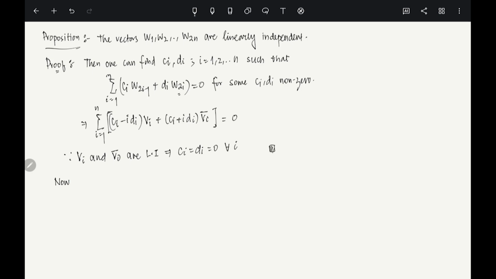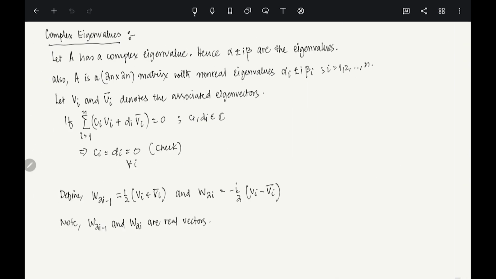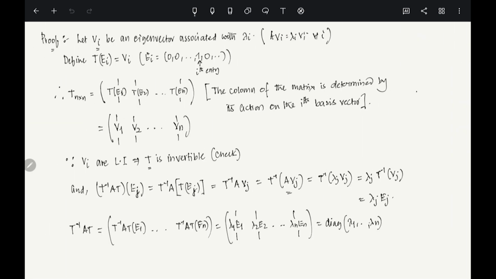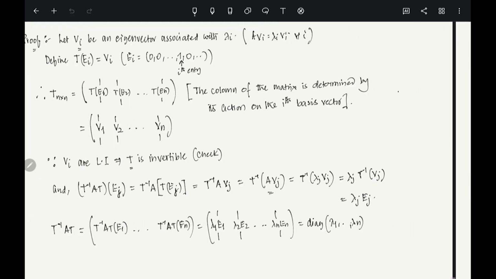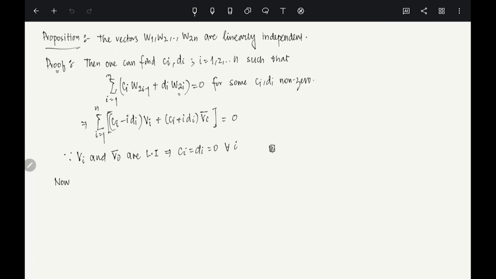Now you remember, last time in the real and distinct case, we wrote that given a matrix A, T inverse A T can be written as a diagonal matrix, which actually helps us in calculating the exponential. So now we want to do a similar thing here.